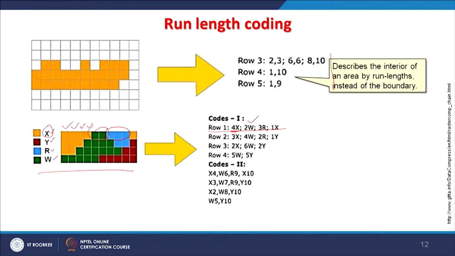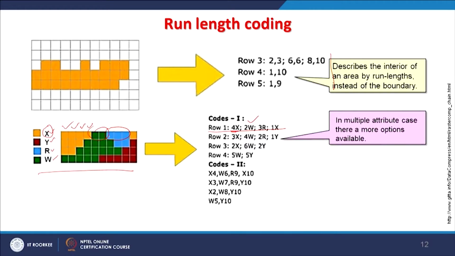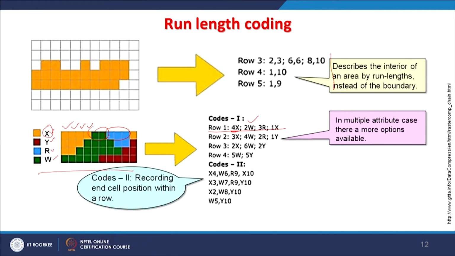What basically is done is that a search is first done to find out the smaller area. So, that the larger area should not be coded, the smaller area should be coded. And if we are having multiple attributes within a map, then also it is possible to do it. So, for recording of cells within each row, there is a code 1 and then there is a code 2 also, something like that.